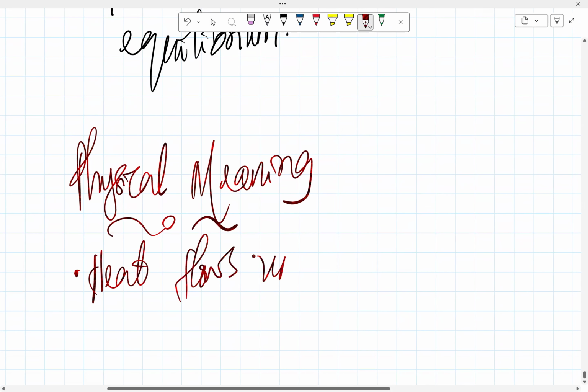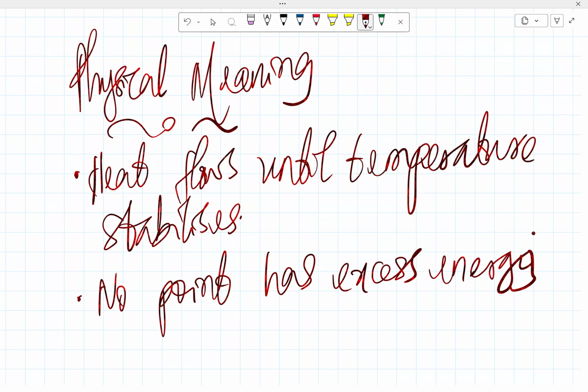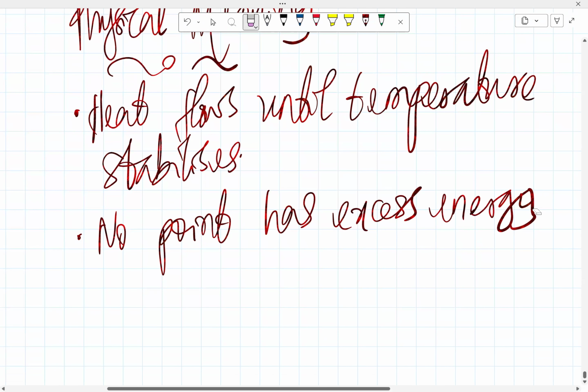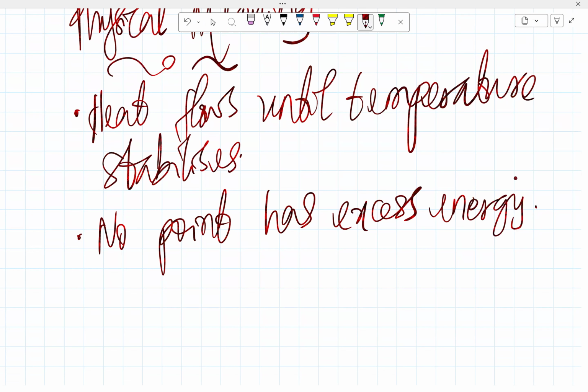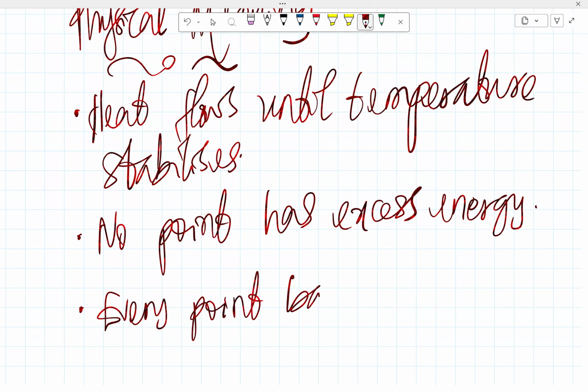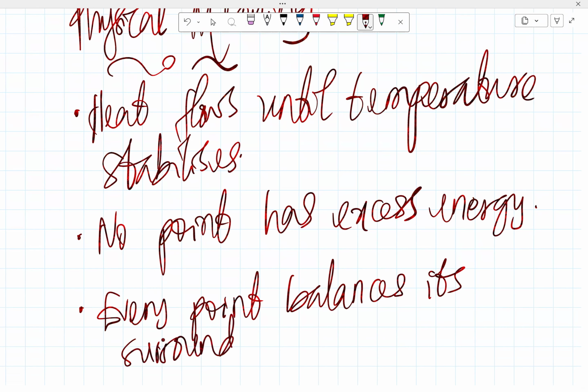Lastly, every point balances its surroundings.